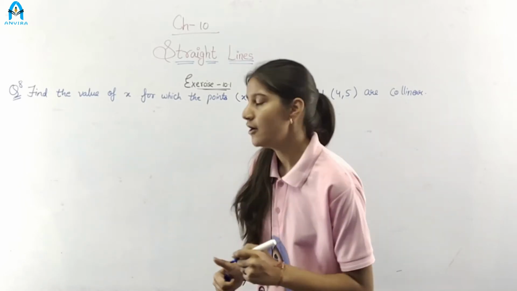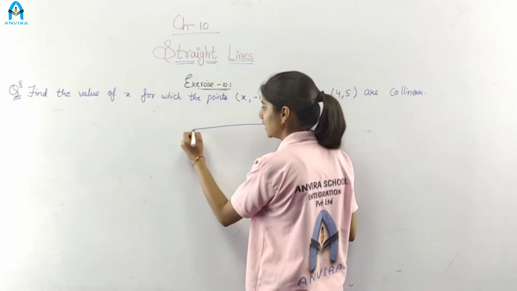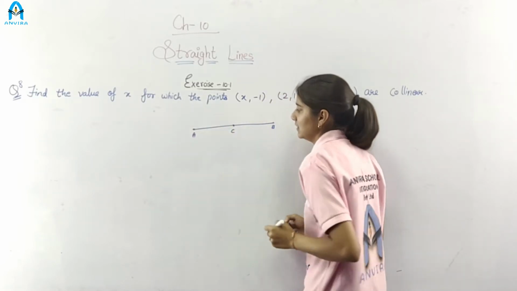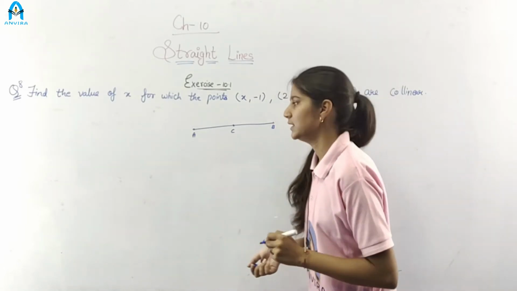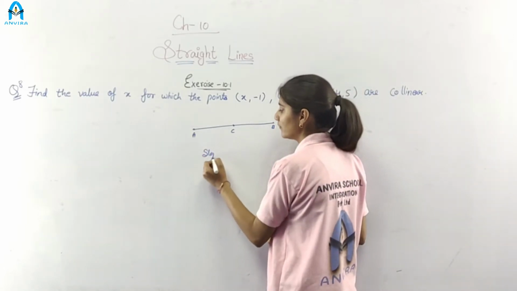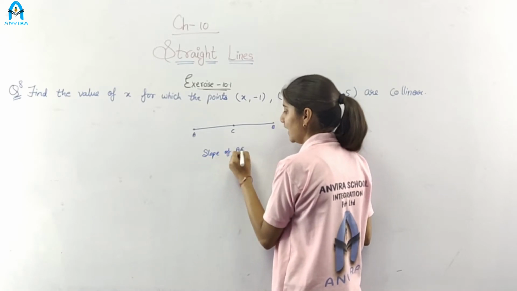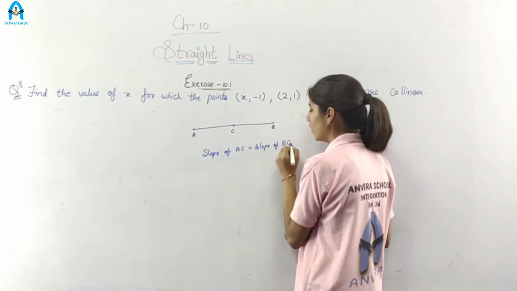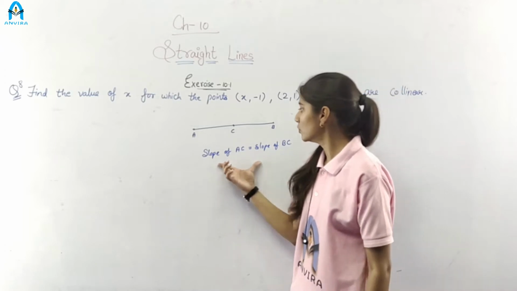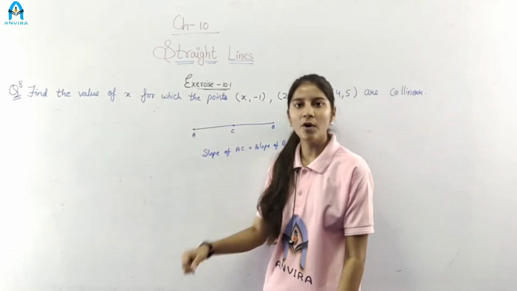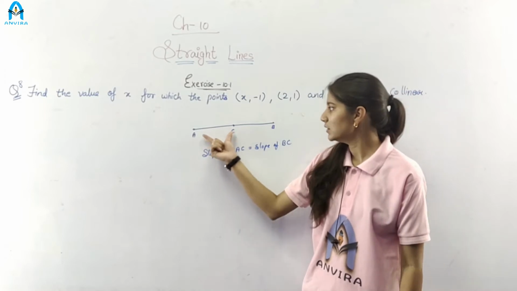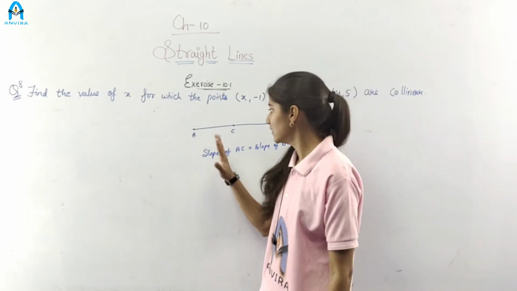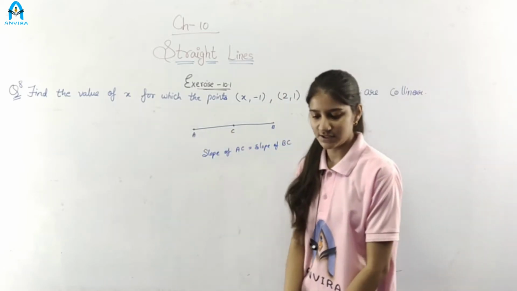We have studied the condition of collinearity: if points A, B, C are collinear, then the slope of AC is equal to the slope of BC. If both lines have the same slope, then we can say that these points are collinear with each other.